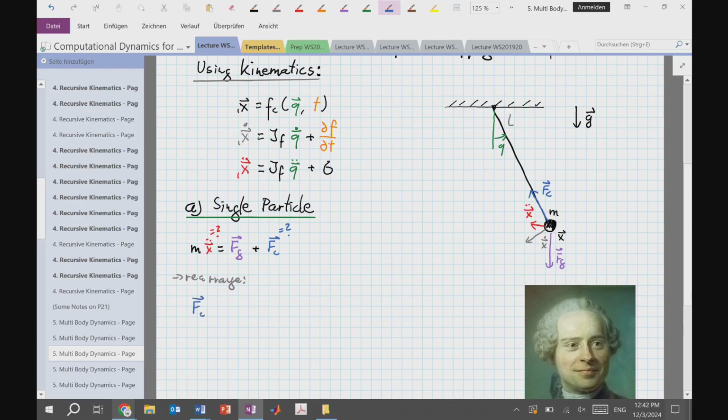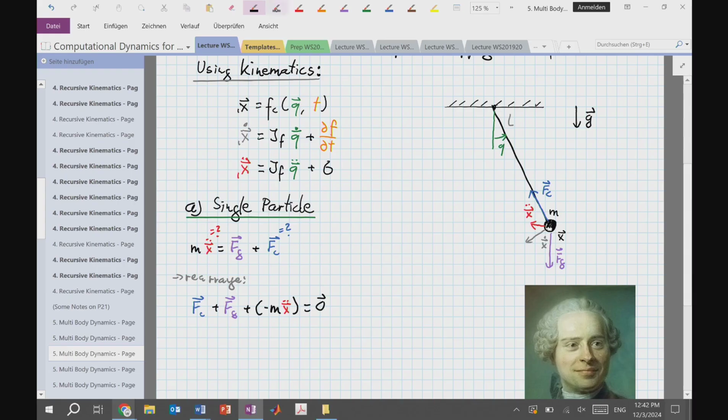And I want to rearrange that a little bit and interpret it slightly differently. I'll just throw everything on one side. So Fc plus Fg minus m times x double dot is going to be equal to 0.